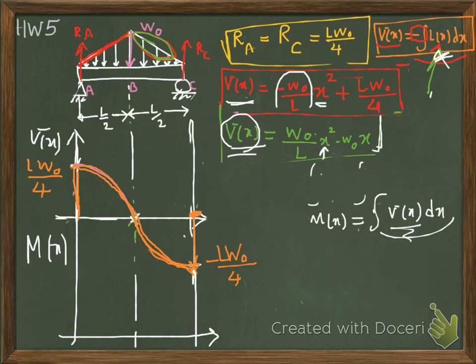So the other formula that we are going to use, with red I guess, or like that, fine. The other formula would be M of x equal to the integral of V of x dx. Hopefully that's clear.